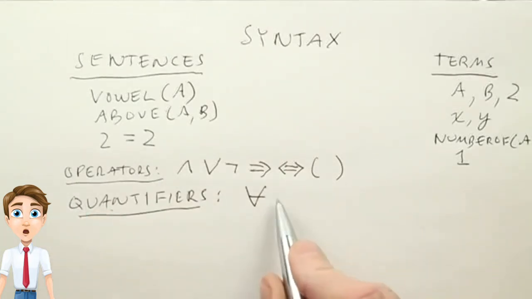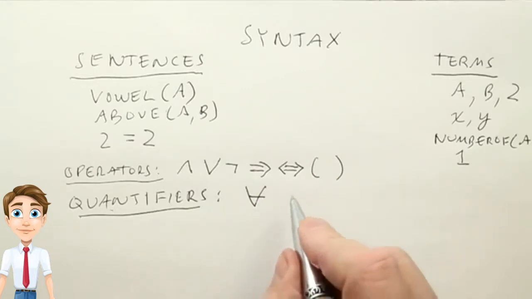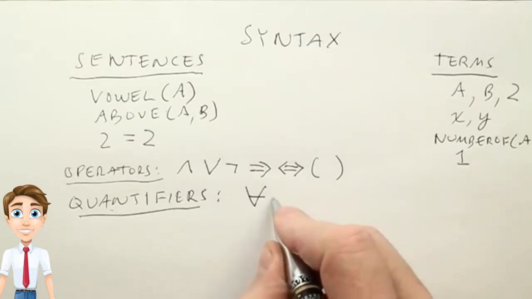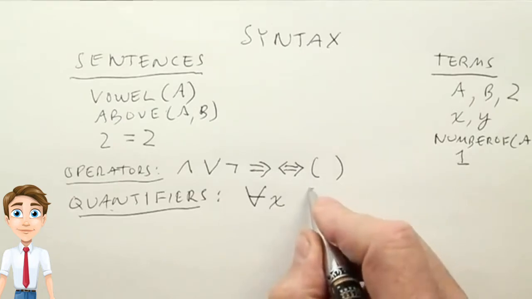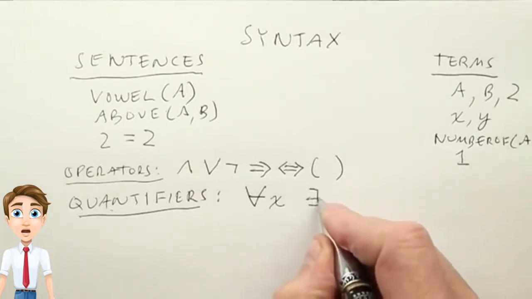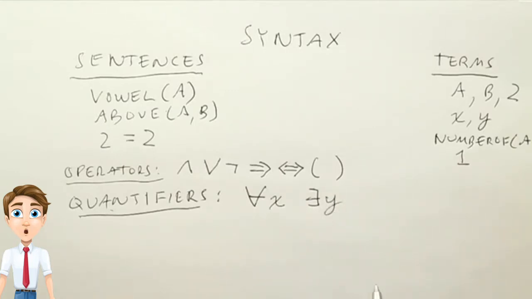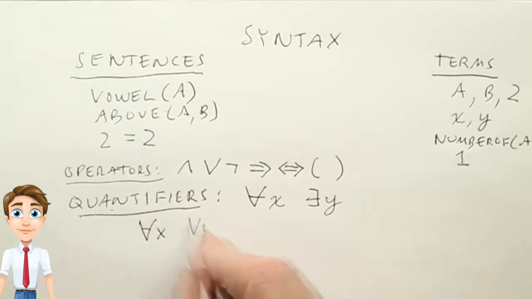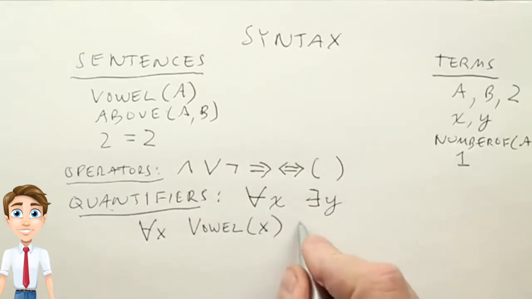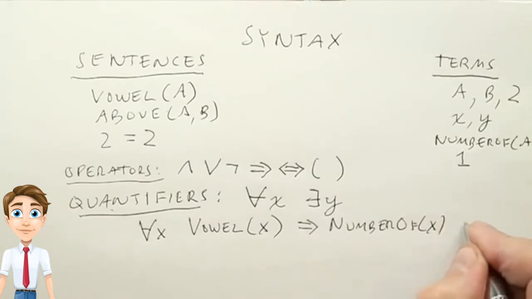For all, which we write with an upside-down A, followed by a variable that it introduces, and there exists, which we write with an upside-down E, followed by the variable that it introduces. So, for example, we could say, for all x, if x is a vowel, then the number of x is equal to 1. And that's a valid sentence in first-order logic.